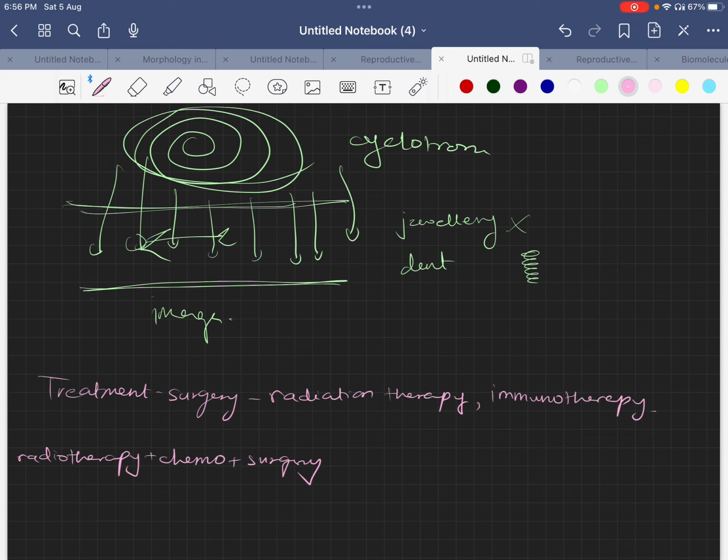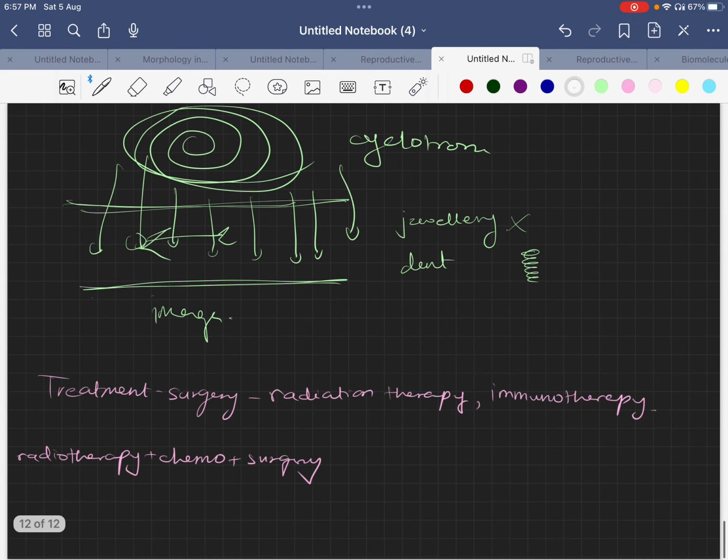Tumor cells have been shown to avoid detection and destruction by the immune system. Therefore, patients are given substances called biological response modifiers, such as alpha interferon, which activates the immune system and helps in destroying the tumor.